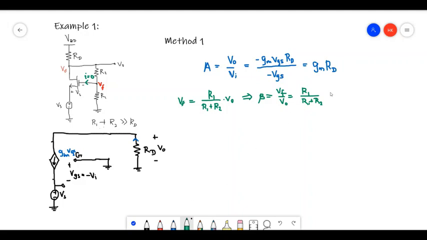Now since we know both these things, we can easily calculate the closed loop gain. The expression for the closed loop gain in a voltage amplifier is A divided by 1 plus A beta.